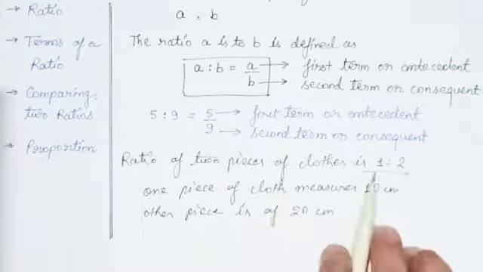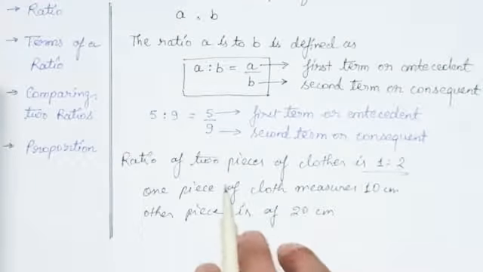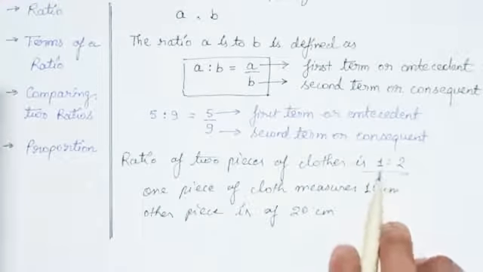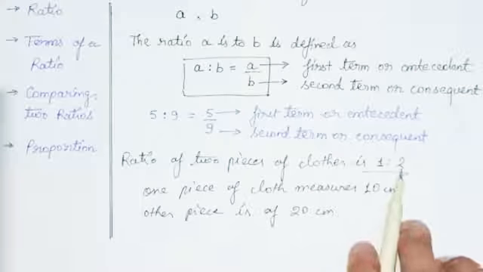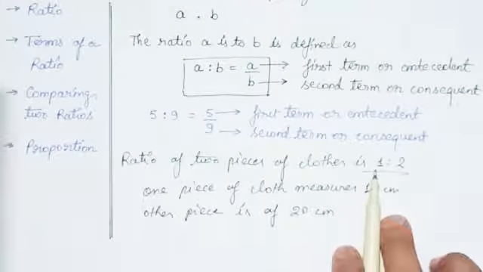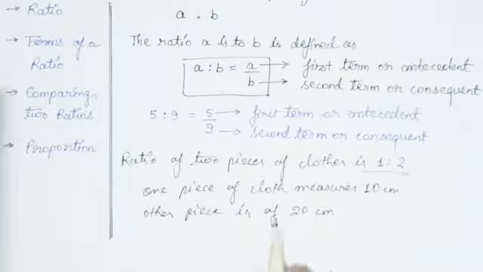Because we have the information that the ratio of these two pieces of cloth is 1 is to 2. It means the length of the other piece of cloth is twice the length of the first piece. Hence we can say if one piece of cloth measures 10 centimeter, then the other piece must measure 20 centimeter. So this is the actual meaning of the ratio of two quantities.